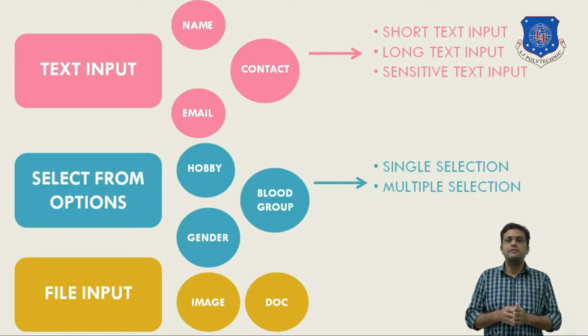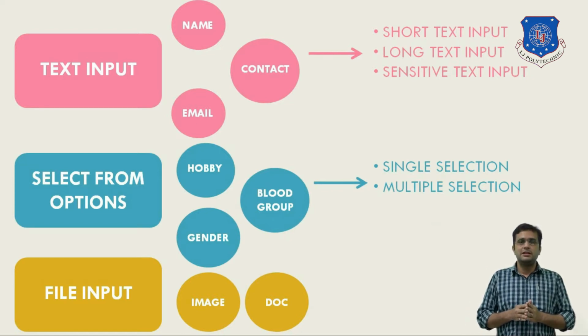In this case, we have to take file input from user. The last category of form elements is used to submit form when user is done by filling up the form. So let's see different elements which are used to take different types of input from user.